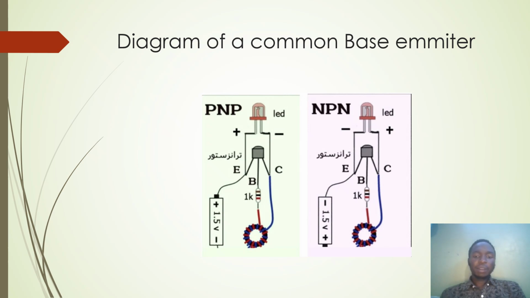The difference between PNP and NPN is that the current flows in the opposite direction. In the PNP, the emitter is connected to the positive terminal of the battery, and in the NPN it's taken from the negative terminal of the battery. So that's the difference, and I hope you've understood.